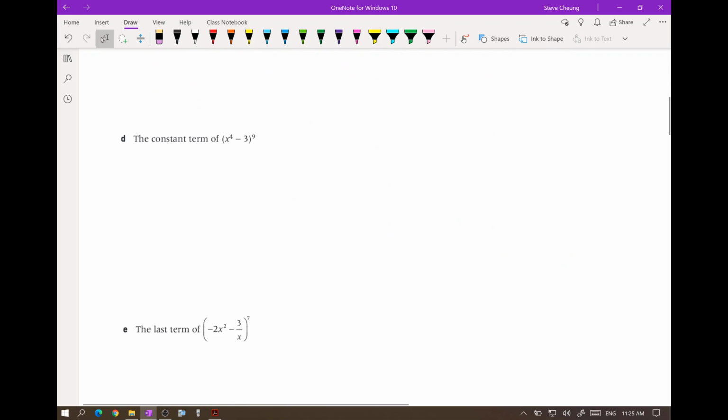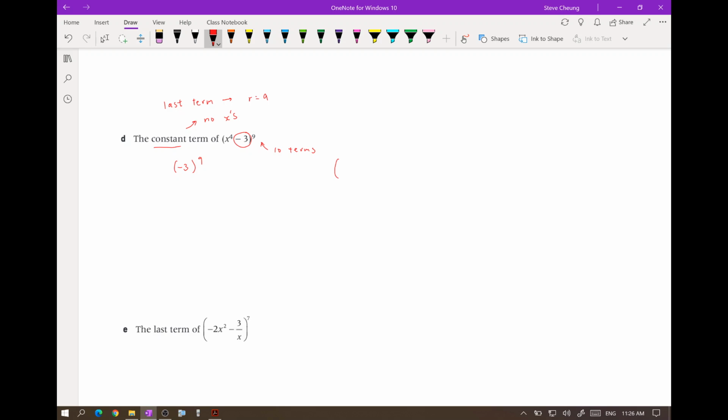All right. The constant term is the one with no x's. So that's easy because we just multiply this by 9 factors. So all we have is actually this. Or if you think about it, it's basically the last term. So if we have the last term here, there are 10 terms in this question. So that means r must be 9.